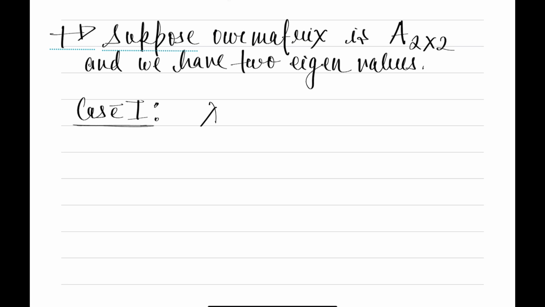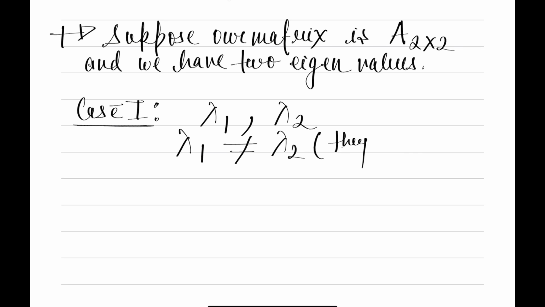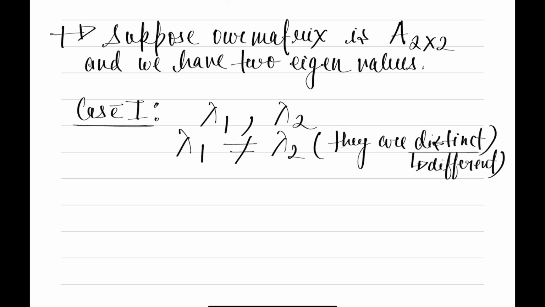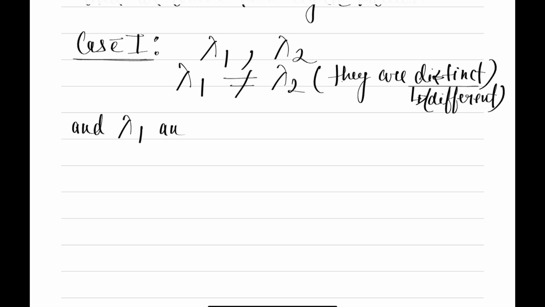In case 1, we will take lambda 1 and lambda 2, where lambda 1 is not equal to lambda 2, which means they are distinct or different.